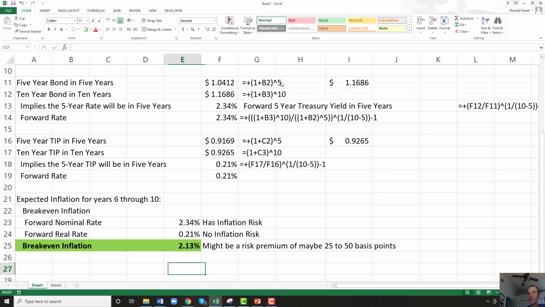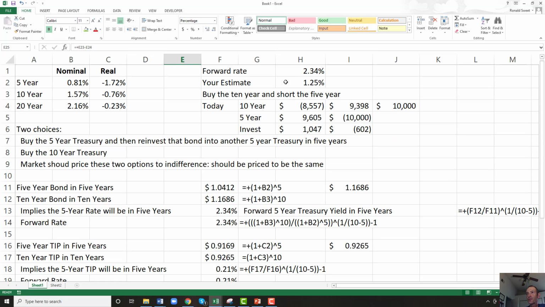What about break-even inflation? If you think inflation is going to be much higher than this, then you would buy the TIP and sell the nominal. If you think inflation is going to be much lower than that, then you would buy the nominal and short the TIP. And if you're right and inflation is much lower, you would come up with a really good return. You don't have to do this part on the exam.